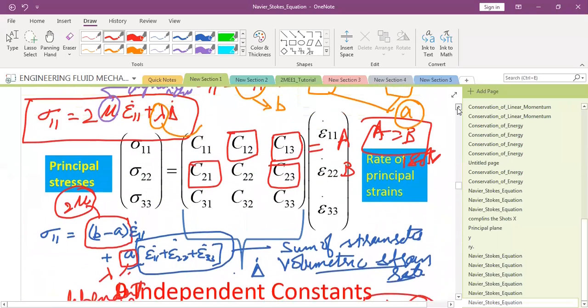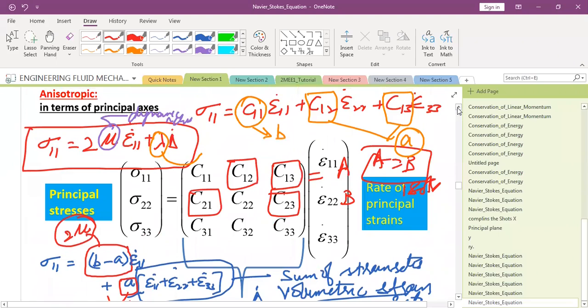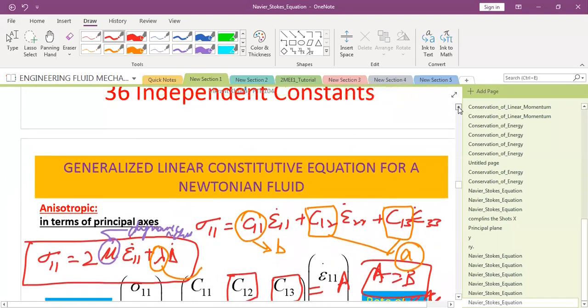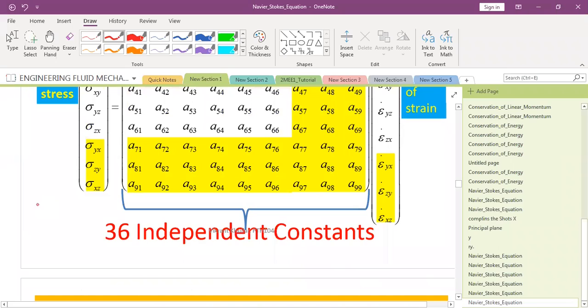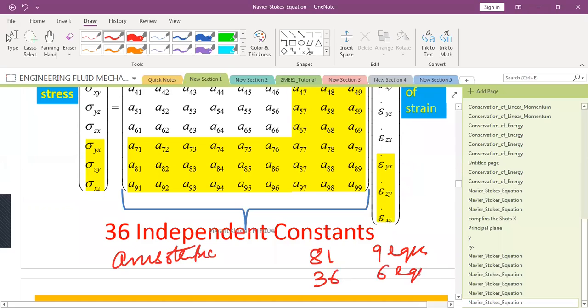Now it is solvable. The entire process was unsolvable till our assumption was that it is anisotropic. Because in anisotropic, we started with 81 constants and 9 equations. We simplified it to 36 constants and 6 equations, and finally 9 constants and 3 equations.